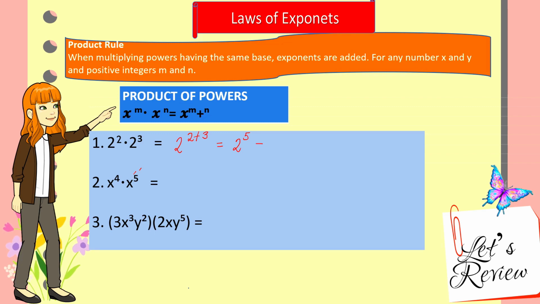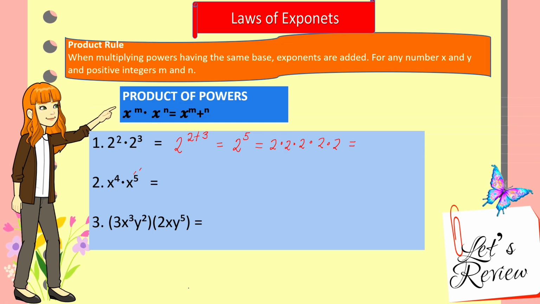2 raised to the fifth power means 2 times 2 times 2 times 2 and times 2, which is multiply 2 by itself 5 times. So this is equivalent to 2 times 2 is 4, times 2 is 8, times 2 is 16, times 2 is 32.